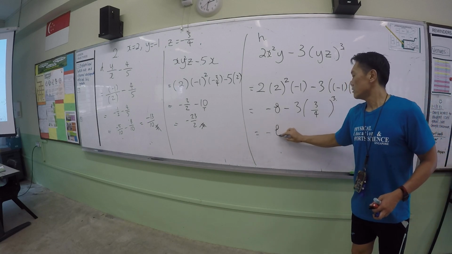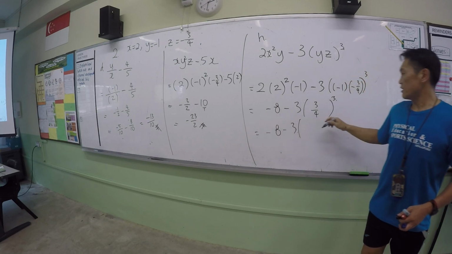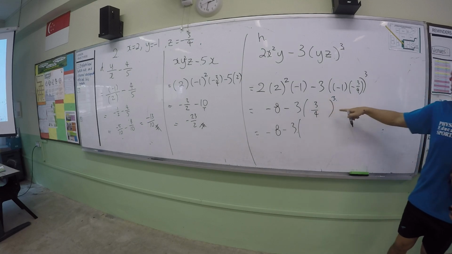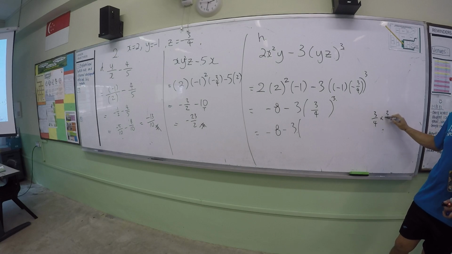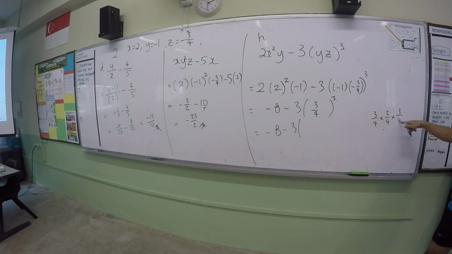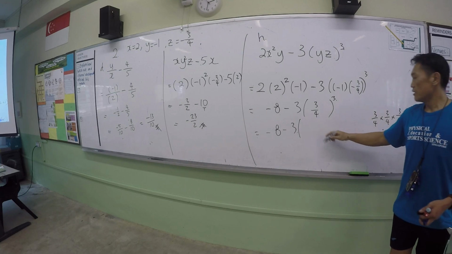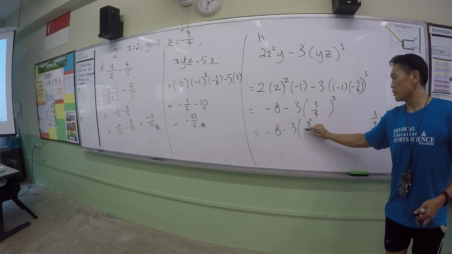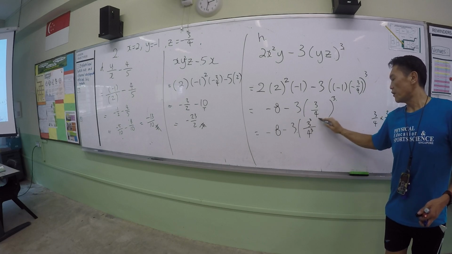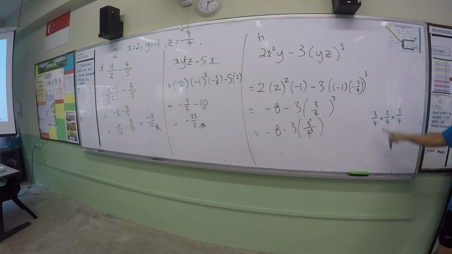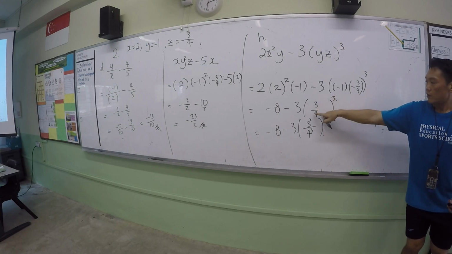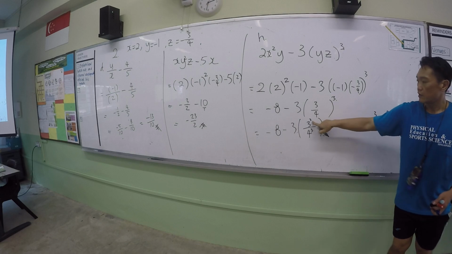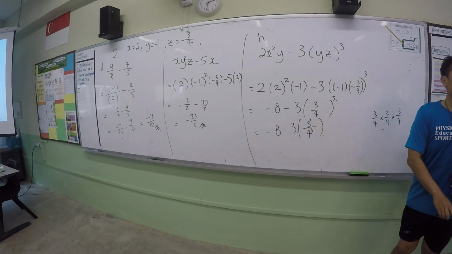Or, even if no calculator, 3/4 times itself 3 times. Numerator times numerator, denominator times denominator. So it is the same as 3 to the power of 3, 4 to the power of 3. Okay? So cube of a fraction is the numerator cube, the denominator cube.